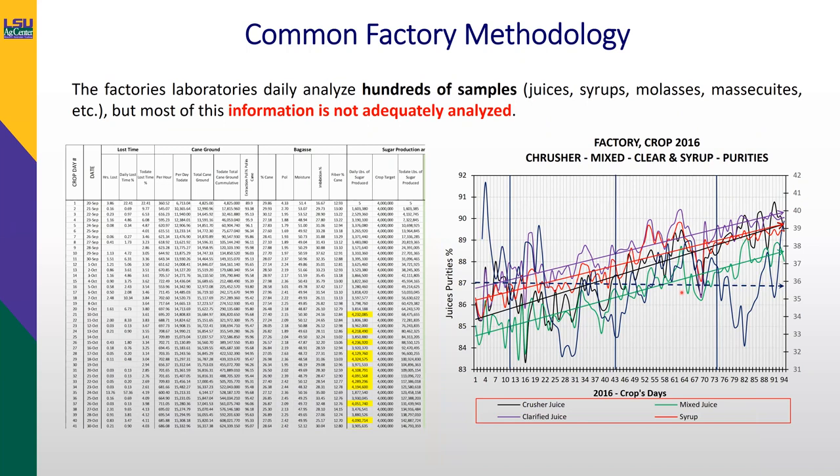But most of this information is not adequately analyzed. They just obtain hundreds of samples of data in tables like this, but they don't analyze it properly. The most they can do is graphs like this, not only because they maybe don't have the resources, but because they don't have time to do it.